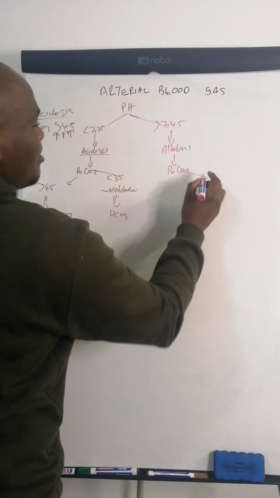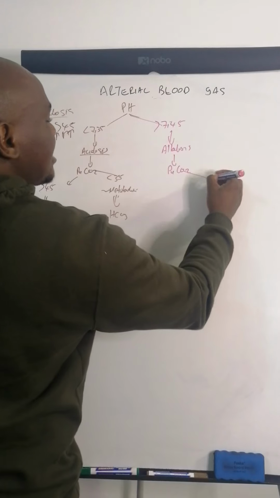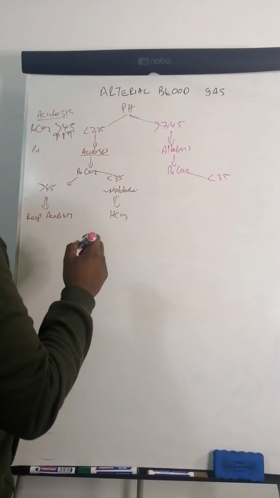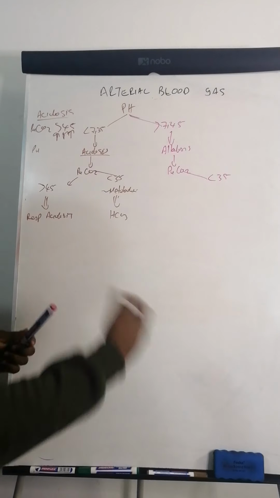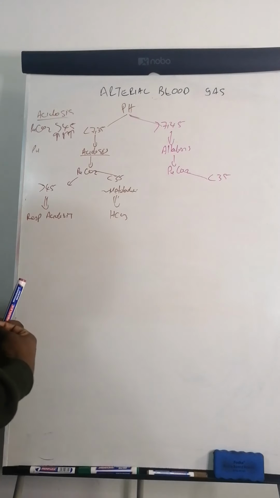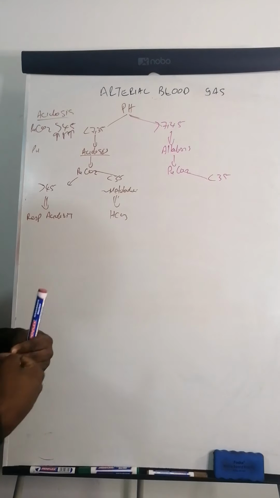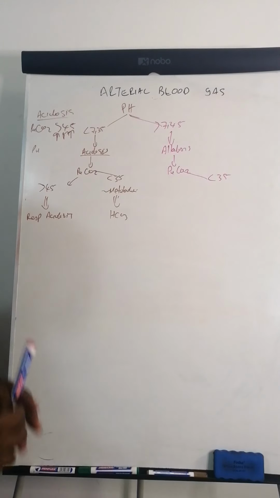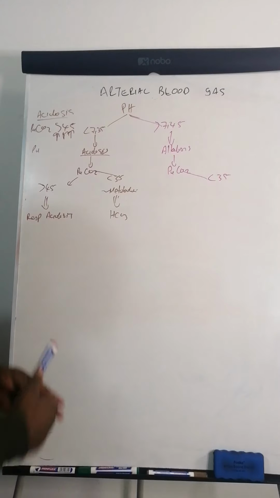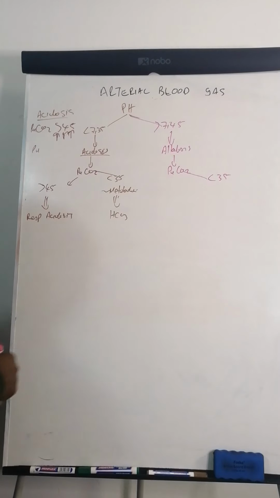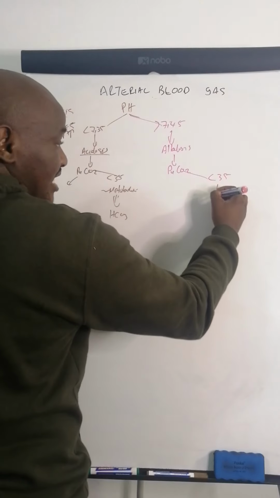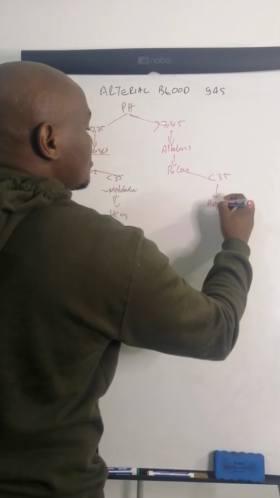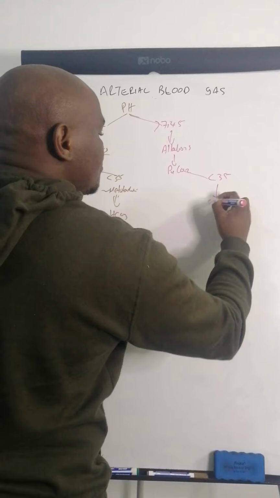If on this patient we find that our partial pressure is less than 35, and we know that for us to have alkalosis from a respiratory point of view, then we must have reduced CO2. So this is most likely the cause of this alkalosis. It's most likely to be respiratory.